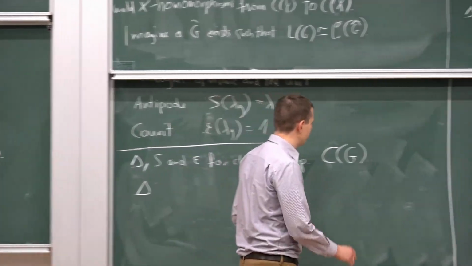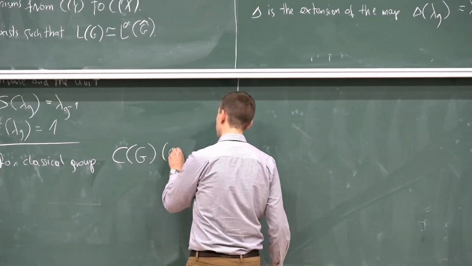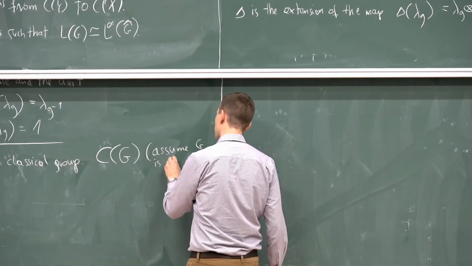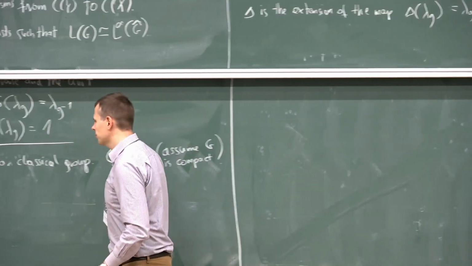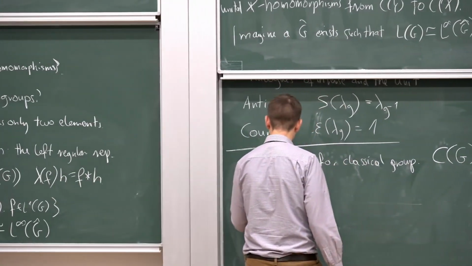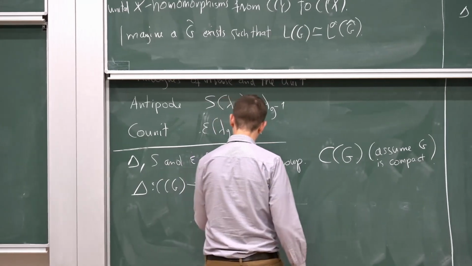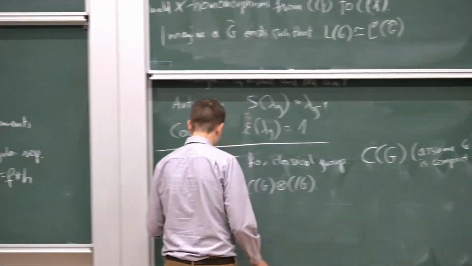So maybe, for simplicity to have things unital, we assume G is compact. Then we have this delta from C of G to C of G tensor C of G.